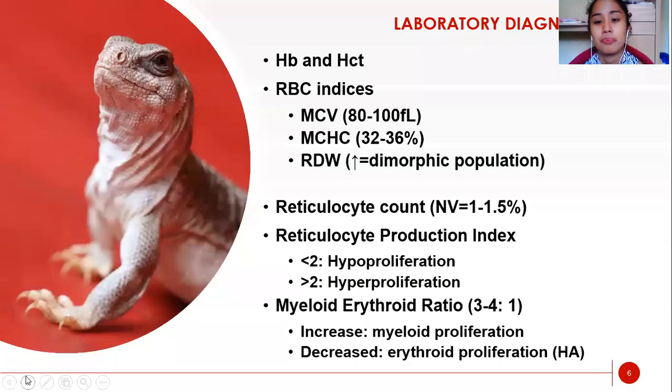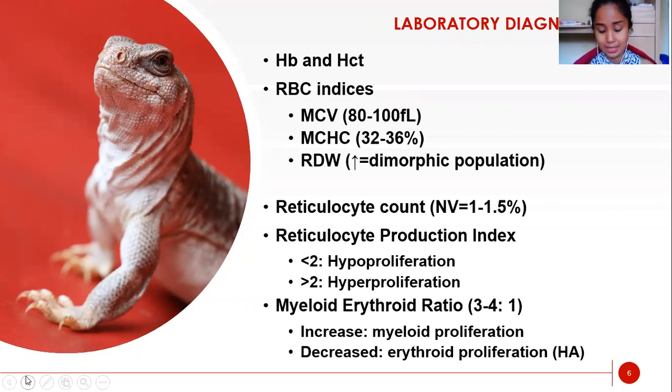Okay, next. So, laboratory diagnosis, class, this is where we will focus. Hemoglobin and hematocrit: increase or decrease? Decrease, of course, in anemia. RBC indices. This will be very important, especially for the morphology of our anemia.